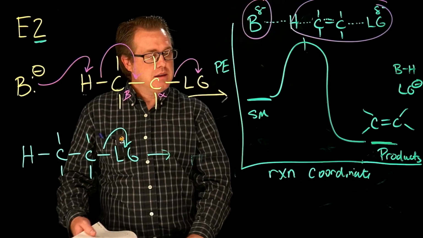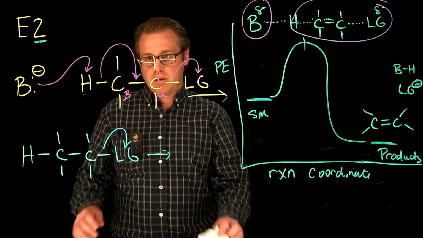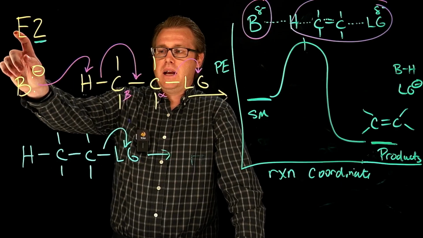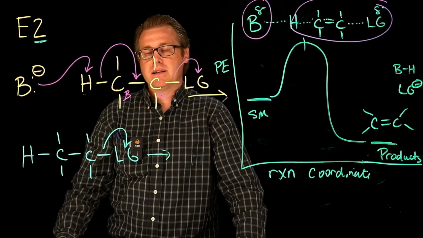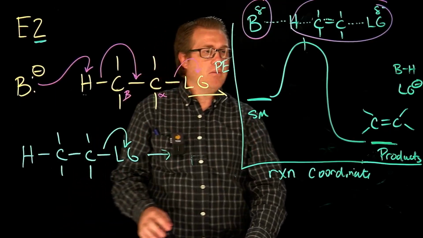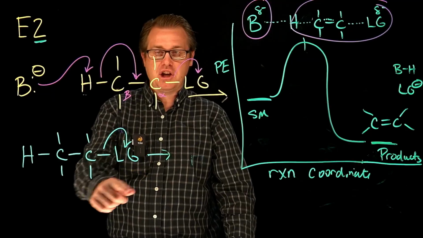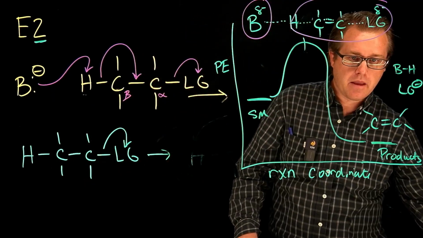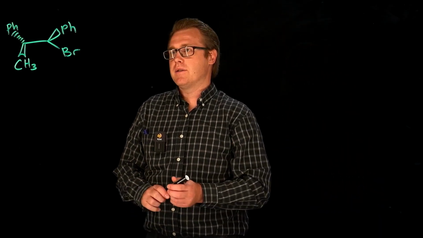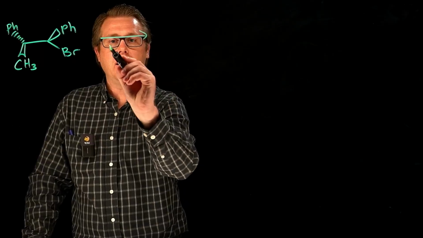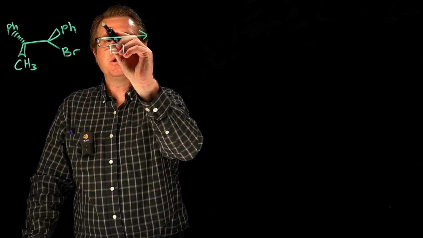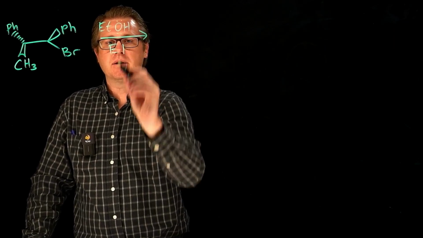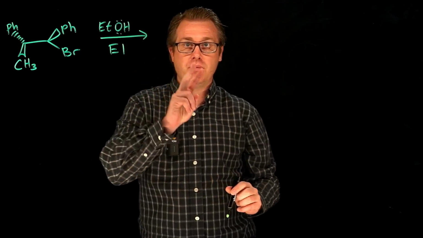So let's go back to that question I proposed at the relative beginning of the video. With an E2 and an E1, you got the same product in this example. So why does it matter? Well, when the molecules are not in this general scheme, we're going to see something really interesting about this. So here's the answer. If we invoke an E1 mechanism, so let's use ethoxide as our base in this particular example, what you're going to get is two products.